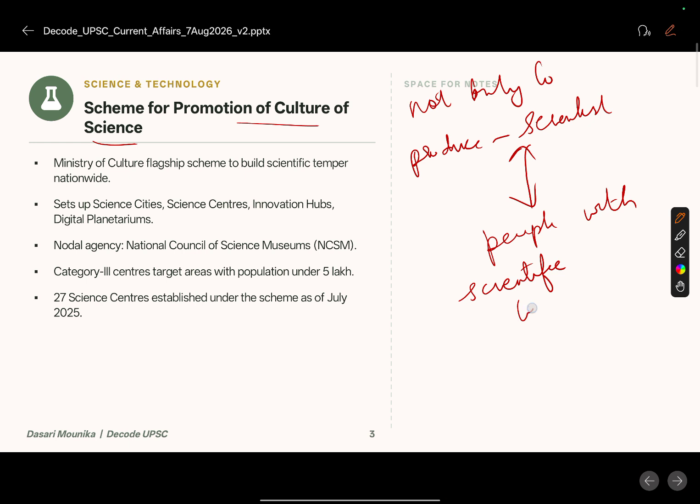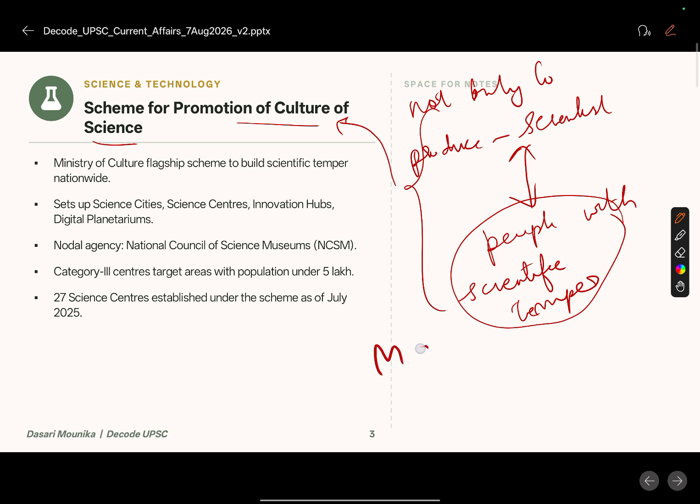To have people with scientific temper, the government has come up with a scheme called the Scheme for Promotion of Culture of Science under the Ministry of Culture.